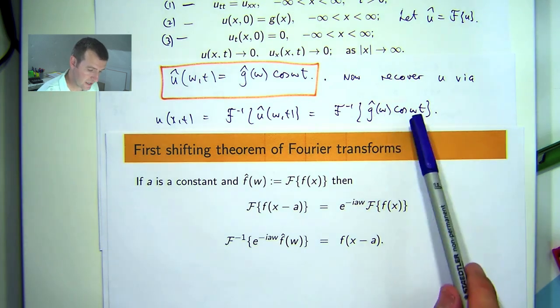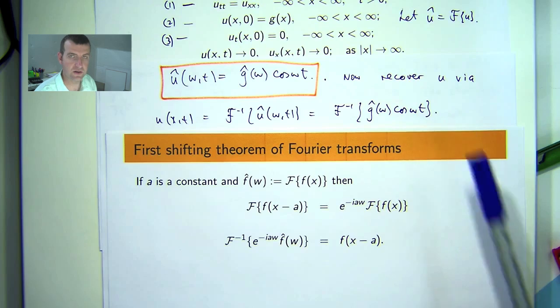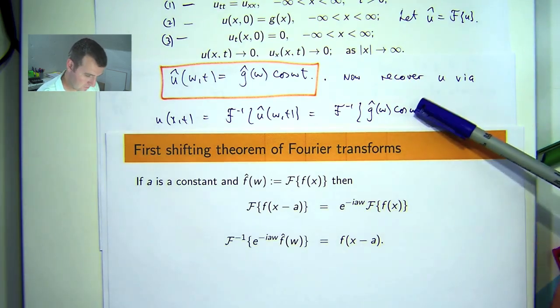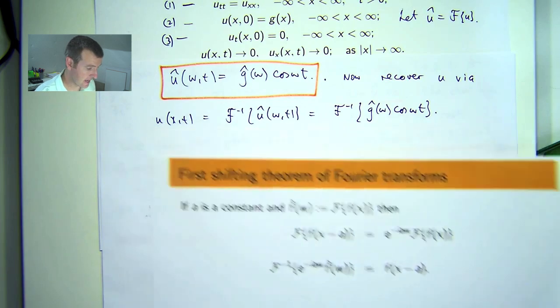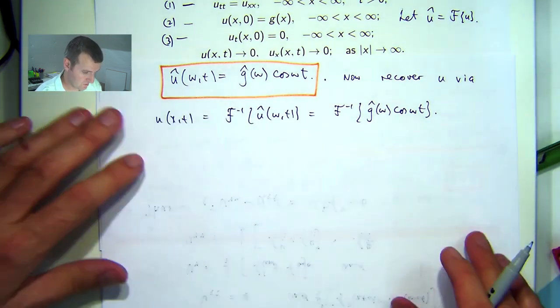Now it's a little bit more delicate with this thing because you look at this and you go, well, that's a cosine, it's not an exponential. But I can write that cosine as a sum of exponentials.